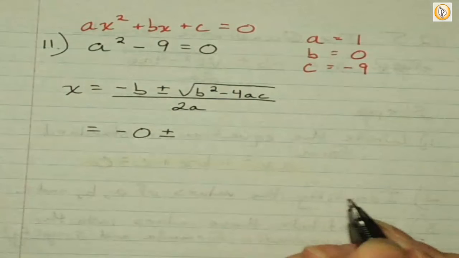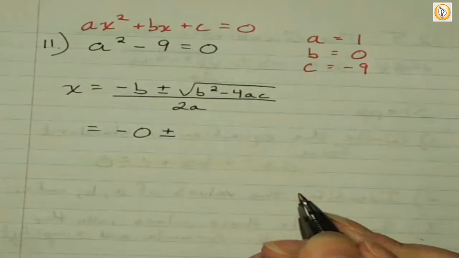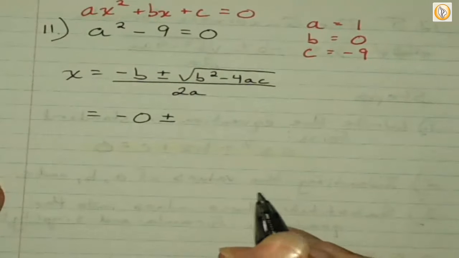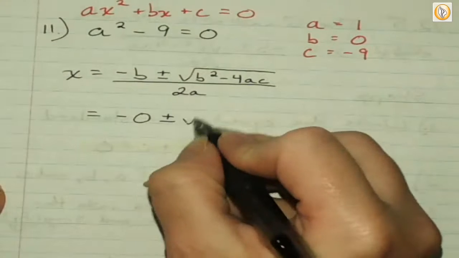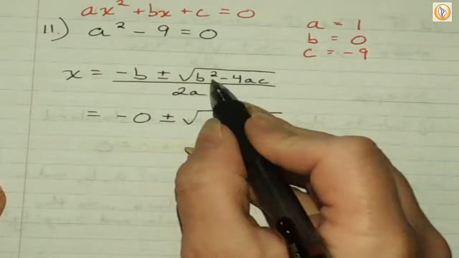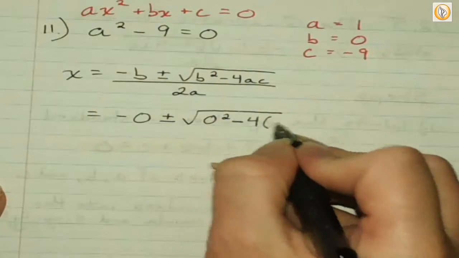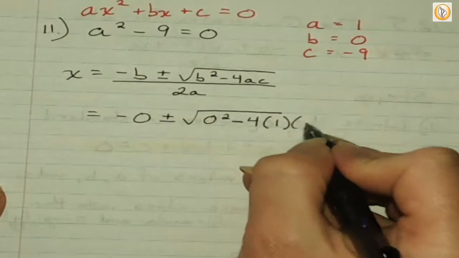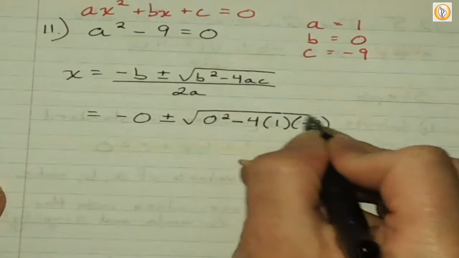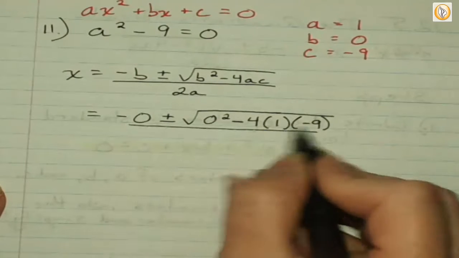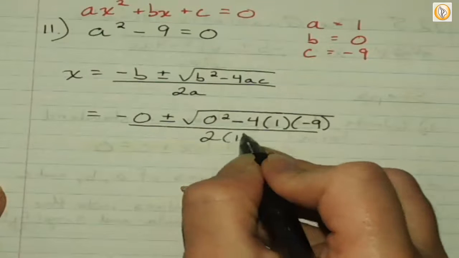Yes, I'm writing it all out. We know that just means 0, but we're just going to write it out. b squared, that's 0 squared, minus 4 times 1 times negative 9, all over 2 times 1.